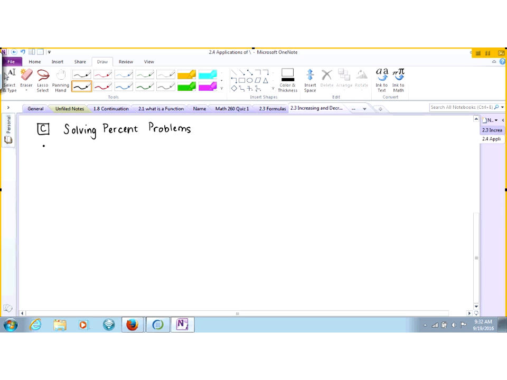So solving a simple percent problem, the first one is by translating. There are 2 methods: method 1 is translating, and method 2 is by using proportion. Sometimes translating is easier, sometimes proportion is easier.